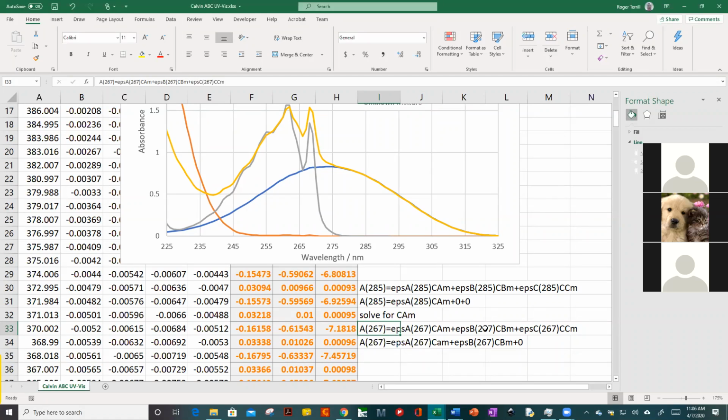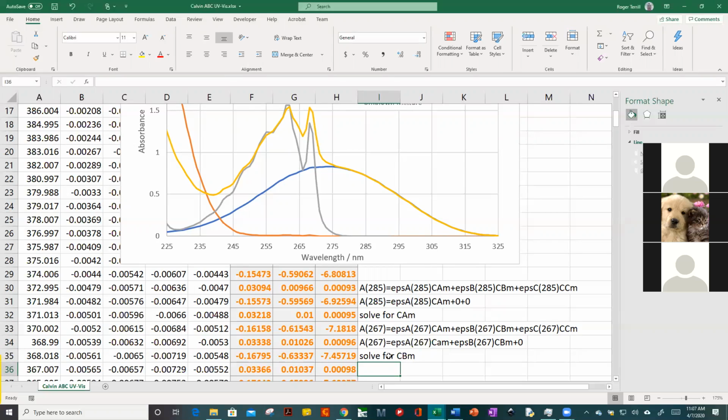So the only unknown is the concentration of B, because we know epsilon C is 0. So we know A, C_A, epsilon B; C_B we don't know, and the last term is 0. So here we solve for C_B,M, right?